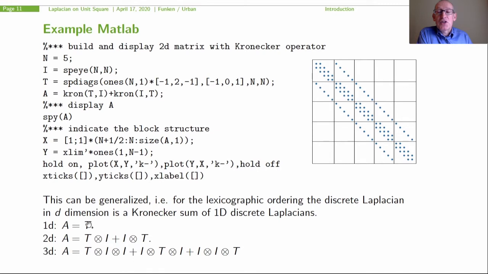For the first dimension, it would be the matrix T. For 2 dimensions, it's T tensor product with I plus I tensor product T. You see T is on the first and in the second position; the number of factors in our tensor product depends on the dimension. And here you see T on the first, the second, and the third position, and so on. You can generalize this to any dimension you think of, as long as you have enough space or memory on your computer.